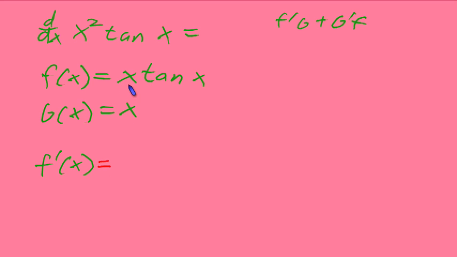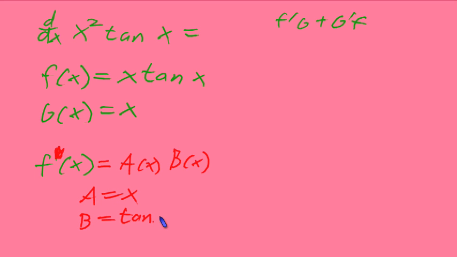This is actually going to be a product rule in itself. We're going to have to define f of x as a of x and b of x, we'll say. Call a equal x, b equal tangent of x. So a prime will equal 1, b prime will equal secant squared.